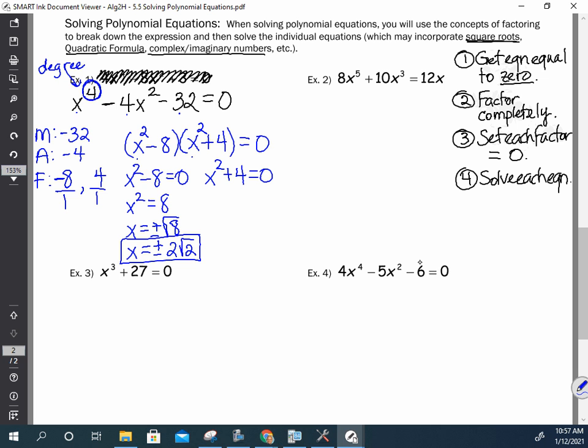Go to the other equation. Subtract 4 on both sides. x squared equals negative 4. So x equals plus or minus the square root of negative 4, which is plus or minus 2i.